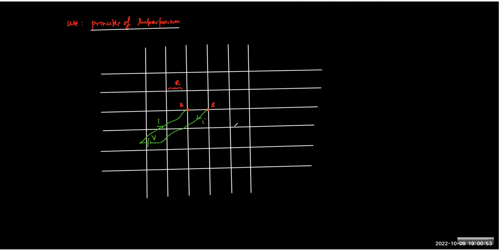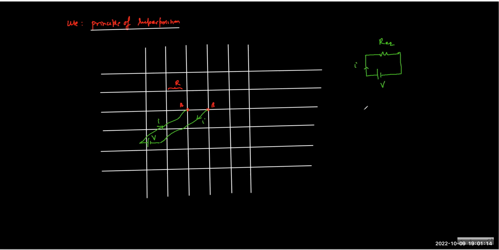We know that this entire circuit we can replace by a single R equivalent with the same battery. What is the meaning of equivalent?